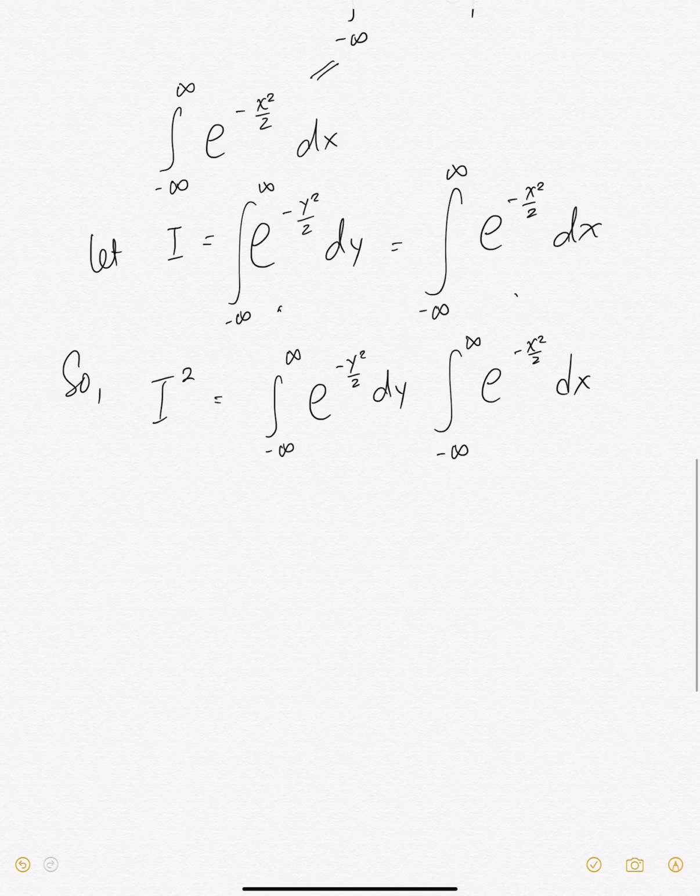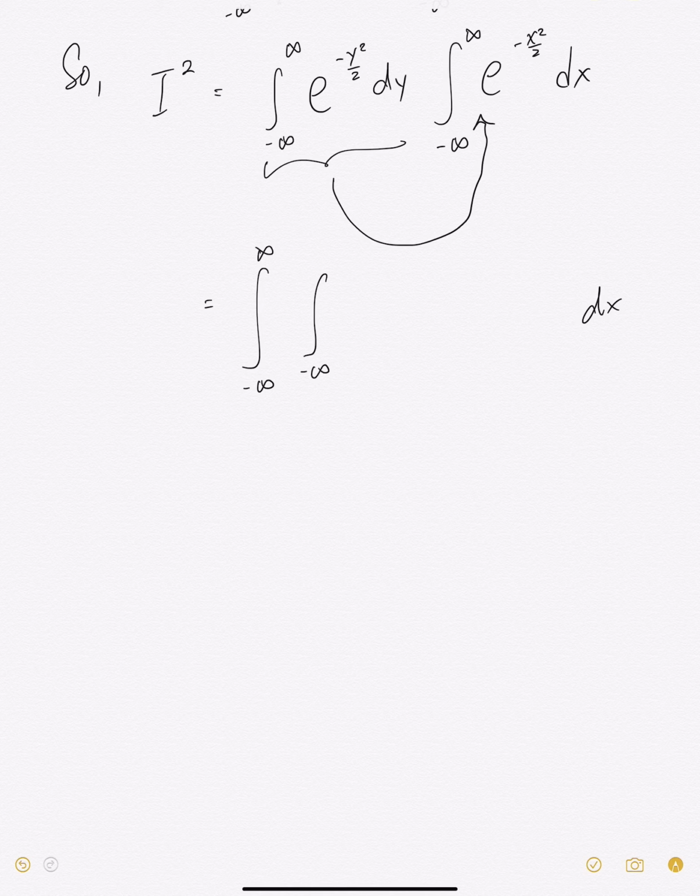Okay, all right. Now, let's evaluate this. Well, this is a number, correct? So we can take this number and put it inside this integral. So that's what we're going to do. The integral from minus infinity to infinity, dx stays out, and this number we're going to put inside.